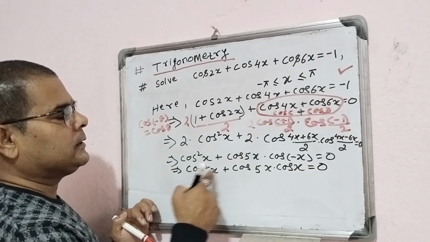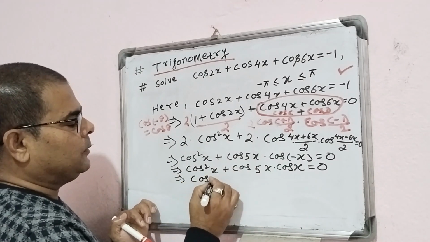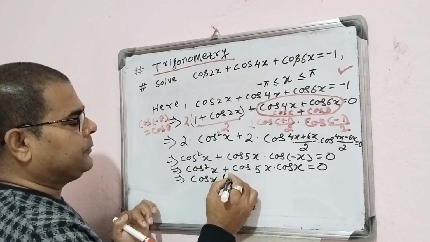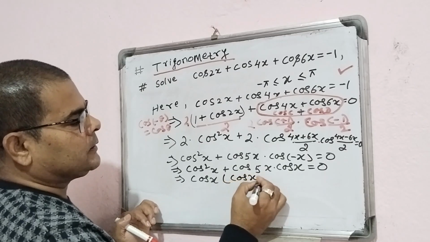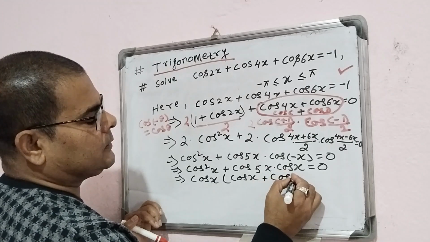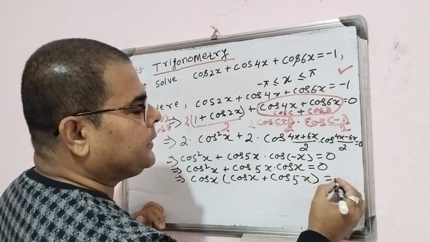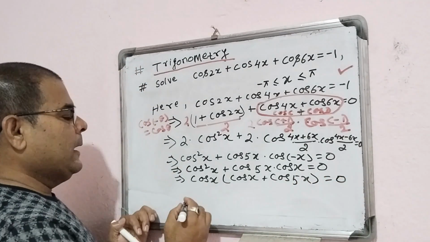You can see cos square x and cos x, these have common terms, so cos x is taken common. In that case you are left with cos x here, and plus cos 5x, because cos x has been taken common, and it equals 0.